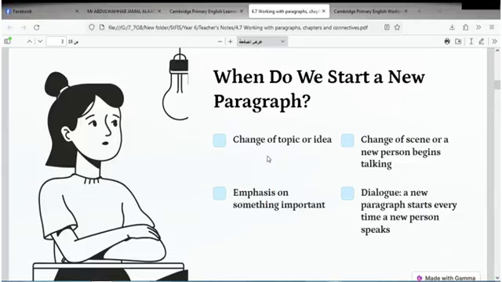To a new character, a new setting, like new time, new place, new dialogue, new character introduction, emphasizing a new idea, changing the mood, changing the tone. All of these, you have to start a new paragraph. Most important is when you change the topic or the idea.